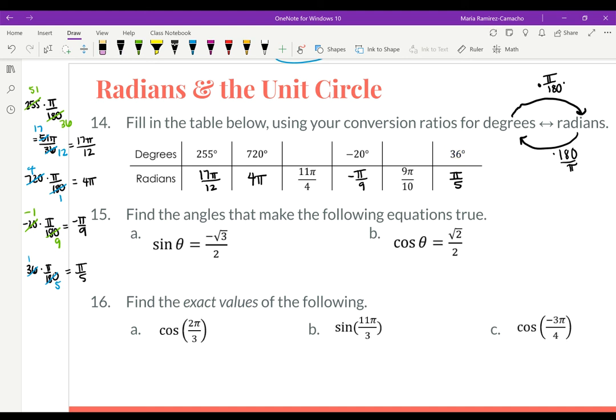Okay, now let's convert from radians to degrees. I'll do that up top here. 11 pi over 4, we're going to take that and multiply it by 180 over pi. Okay, your pi's cancel out.